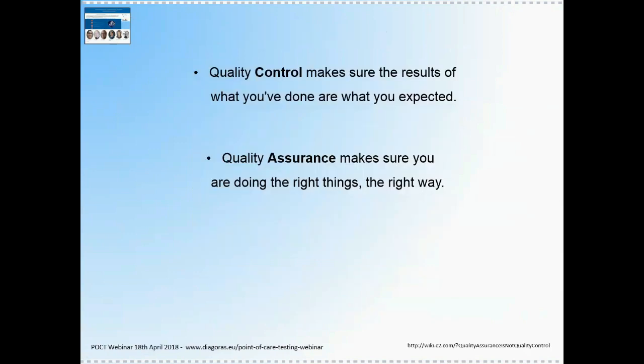The quality management of infectious disease point of care testing, similar to other testing technologies and techniques, can be maintained by the use of quality control, which makes sure that the results of what you've done are what you expected, and quality assurance, which makes sure you are doing the right things the right way.